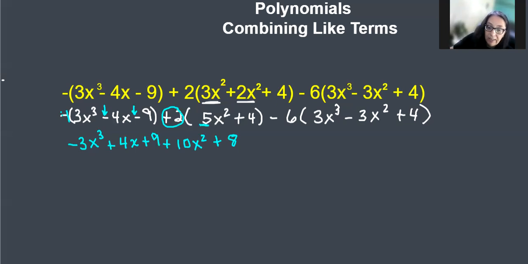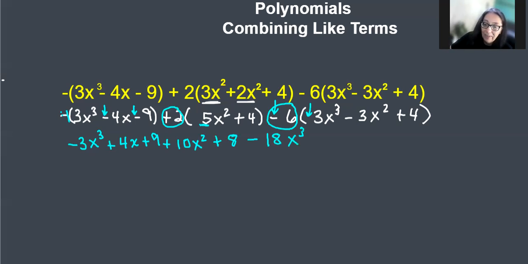Next, we have a negative 6. Remember, a minus and a negative are the same thing. So a negative times a positive is a negative. 6 times 3 is 18, and I'm going to carry that x cubed along. Are we doing okay? Yes? Awesome.